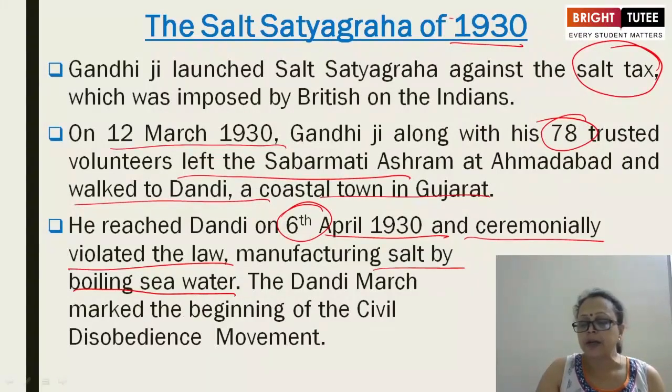The Dandi March marked the beginning of the Civil Disobedience Movement, against the law which was not accepted by Indians, which was imposed by the British.